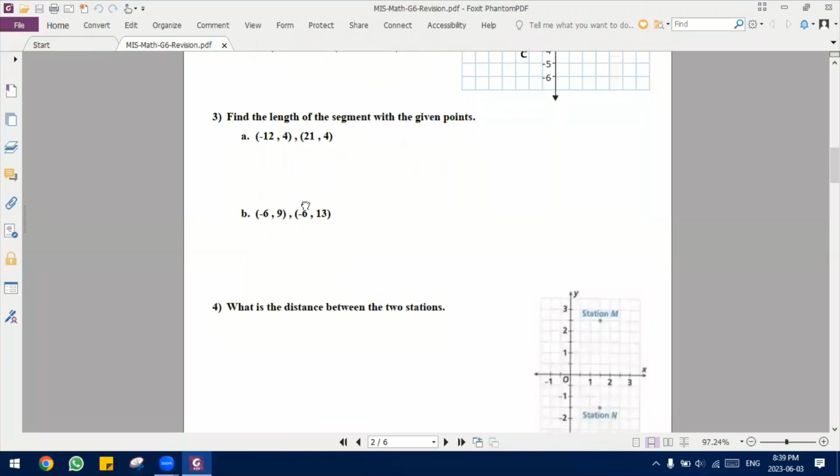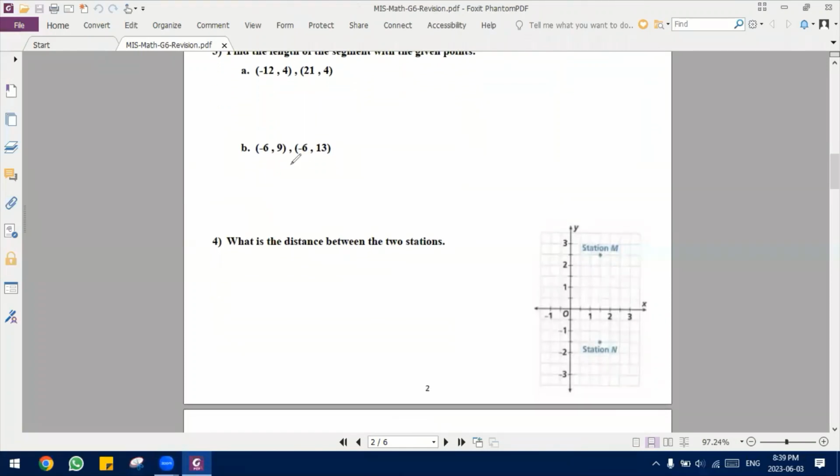Now for the second part, part B, we check the values. The x value is similar for these 2 points, so I can't use the x value. Here we use the y value to find the distance. If you check the sign of the y values, 9 and 13, both signs are positive. It means these 2 points are located in the same quadrant.